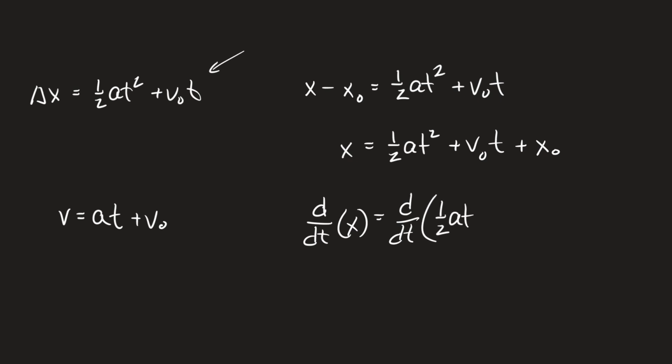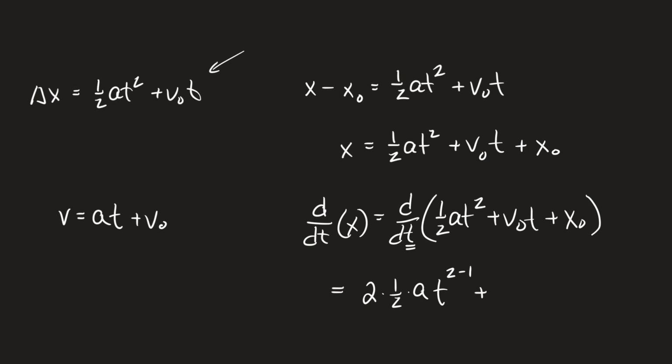So here we go. We go term by term. So starting with the first term, we are taking the derivative with respect to t. So a is a constant. Bring the 2 down, times 1/2 times a t to the 2 minus 1. Go on to the next term.